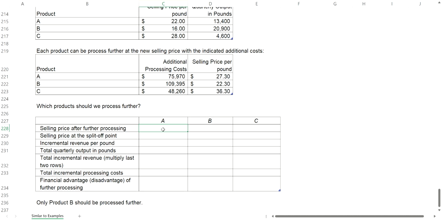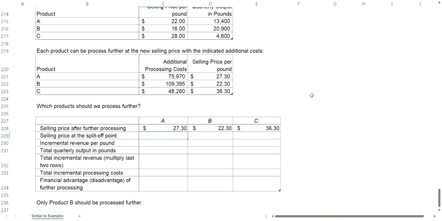So let's start with the selling price after processing it further. So that would be these numbers right here. So for product A, it would be $27.30. For product B, it's given at $22.30. And for product C, $36.30.